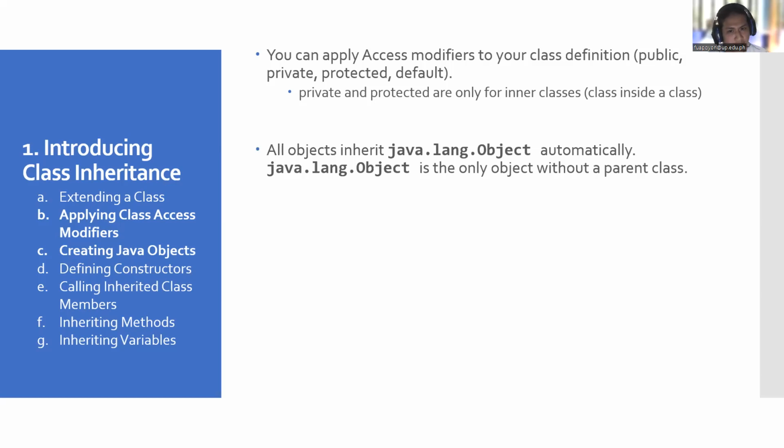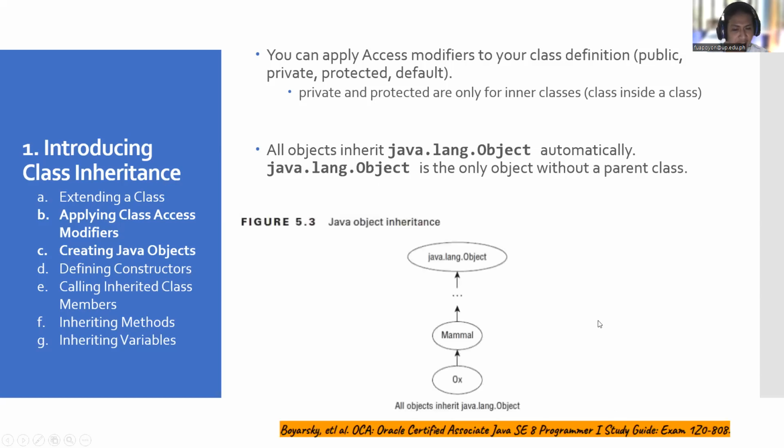All objects inherit from java.lang.object automatically. So this object is the only object without a parent class. So this is the top value. No? So if you're looking at the hierarchy, everything inherits from java.lang.object automatically. You don't set this na.